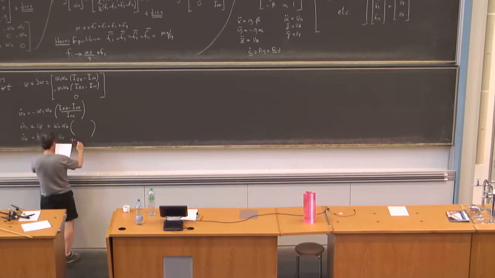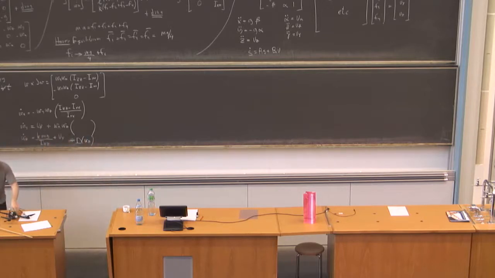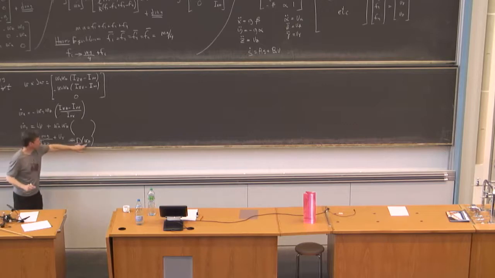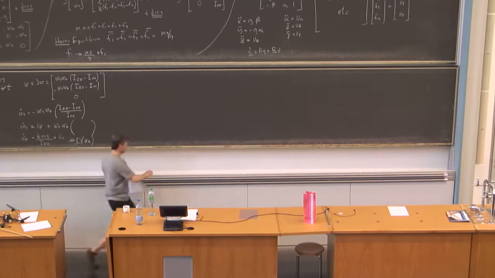So I'm going to add a term here, which is nothing but the drag as a function of omega sub z, which kind of makes sense. If this thing is not rotating, there's not going to be much drag. The faster this thing spins, the more drag it's going to be subject to. The particular dependence of this doesn't really matter. All I really need to know is that when omega sub z increases, the drag increases as well. That's pretty reasonable. So now we can look for an equilibrium in the rotation rates.